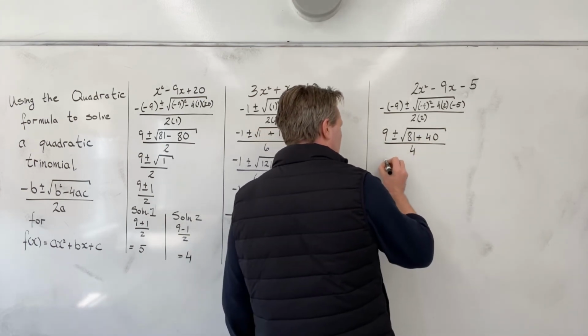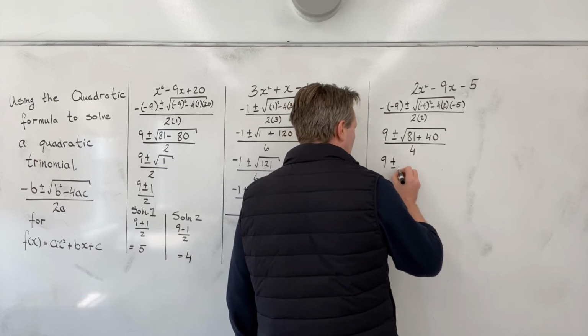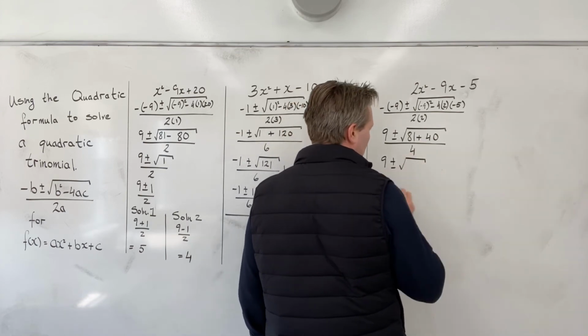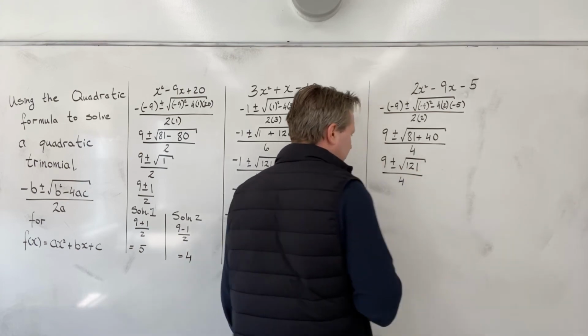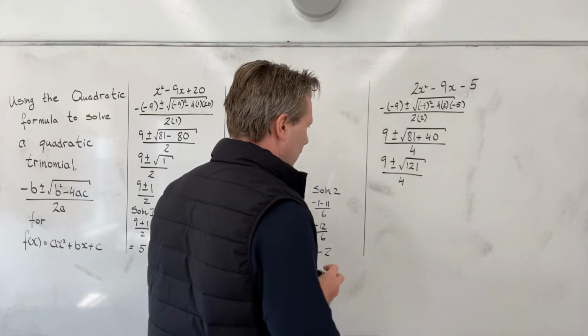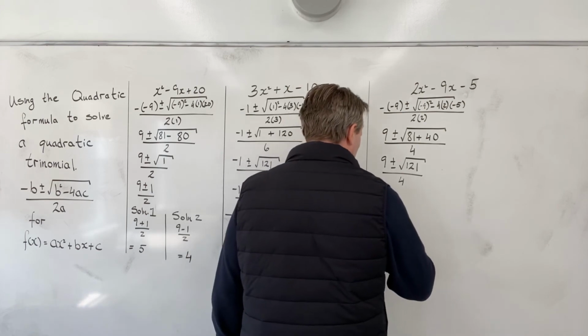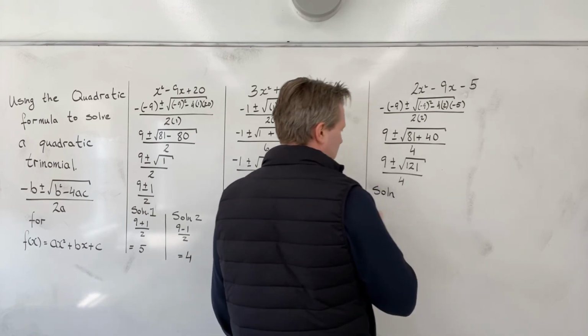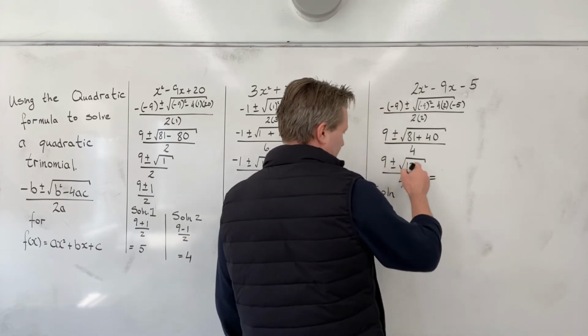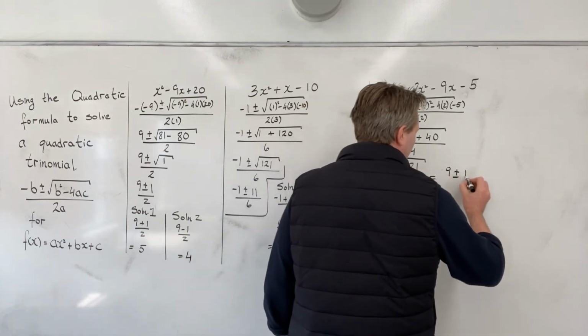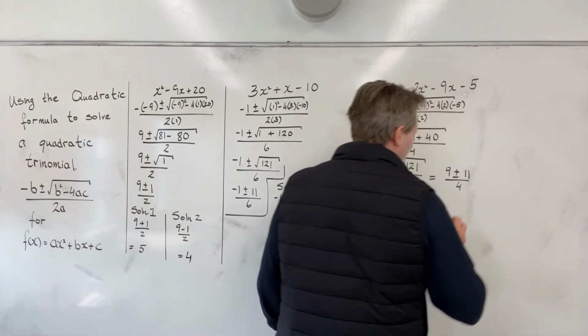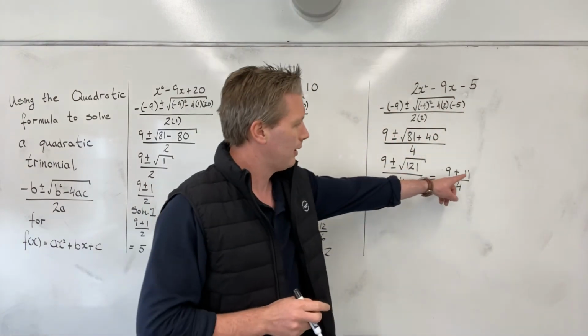So that becomes 9 plus or minus the square root of 81 plus 40, which is 121, all over 4. Oh, I should be careful here. The square root of 121 is 11, so this is 9 plus or minus 11, all over 4. Sorry about that.